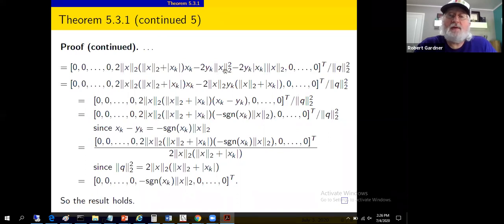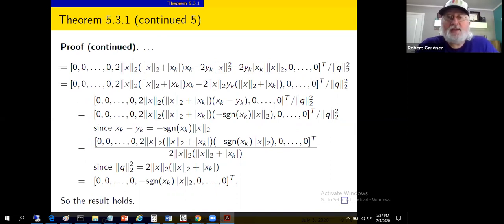Let's factor a -2 norm of x times y sub k out of these two terms. That'll leave a norm of x from the first one, and an absolute value of x sub k in the second one. Factor a -2 out, produces this.